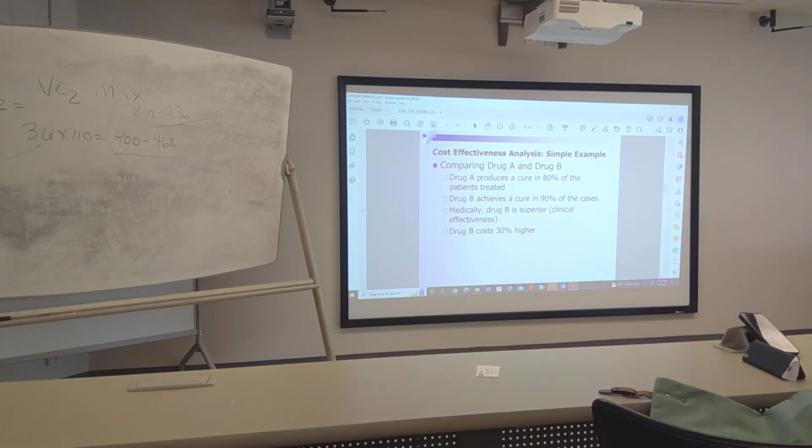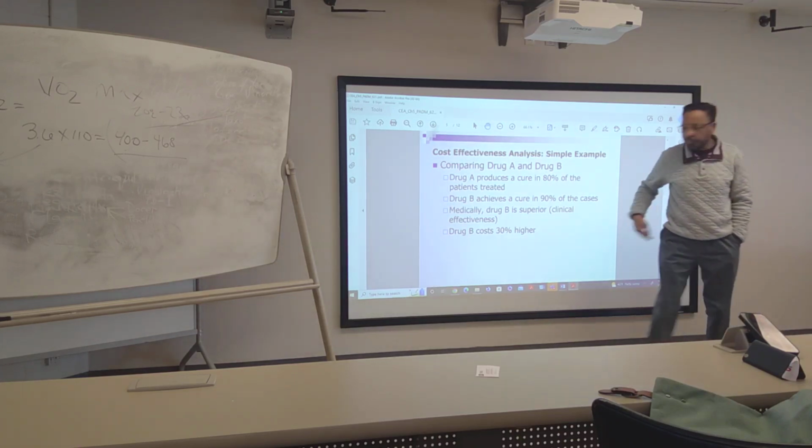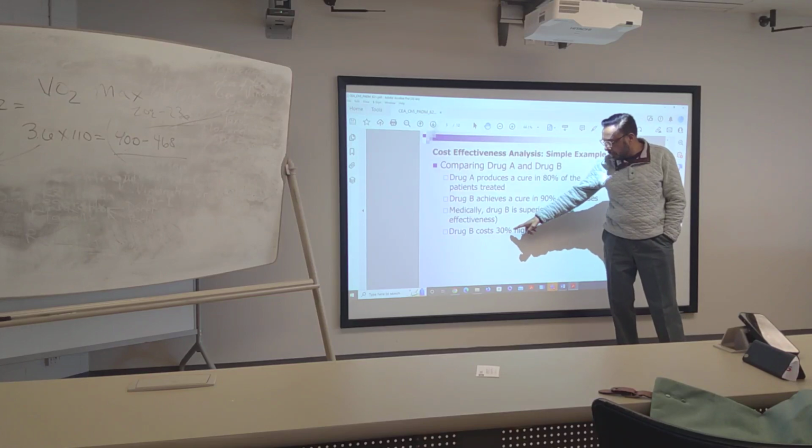Now, it's saying 30% more. If it was just a drug where 30% meant 10 cents more, will you do it? Yeah, right? You will. What if the drug is really expensive? Each dose is running into thousands of dollars each treatment. Then 30% means a lot, right? If you can't afford it, you don't have insurance, that 30% suddenly becomes a lot.